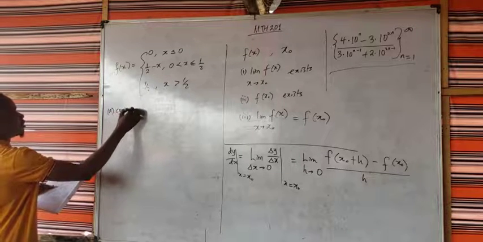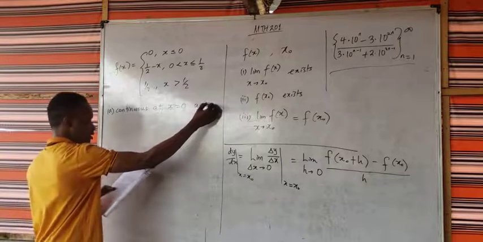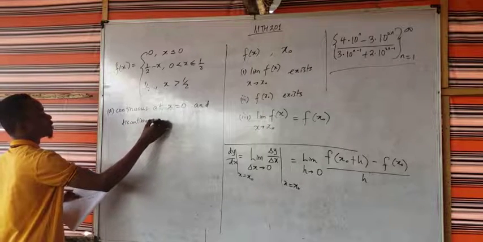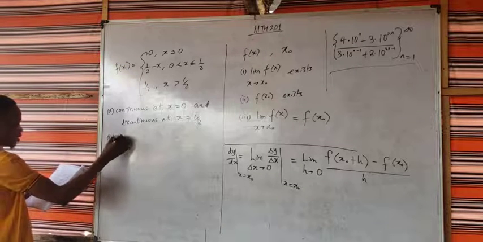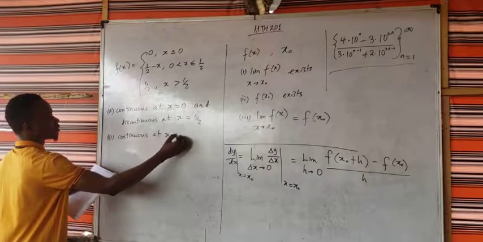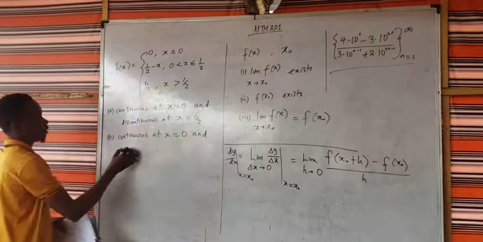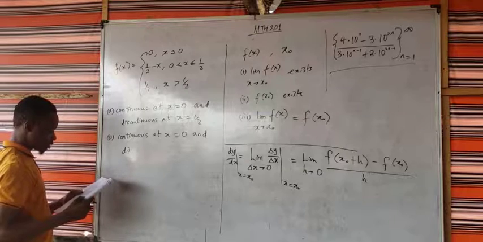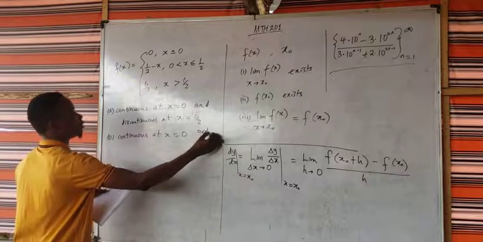A, it is continuous at x equal to 0 and discontinuous at x equal to 1 over 2. B, it is continuous at x equal to 0 only.